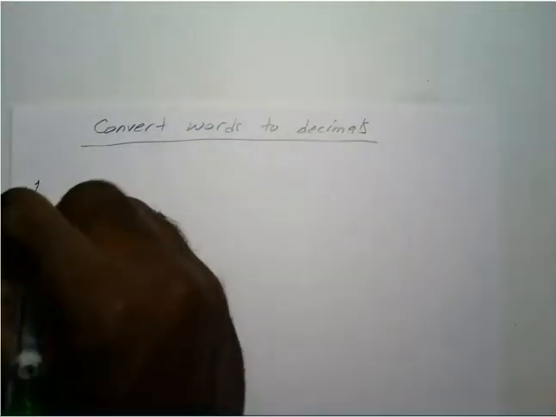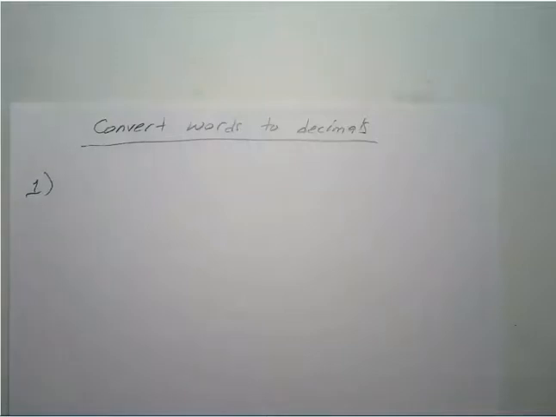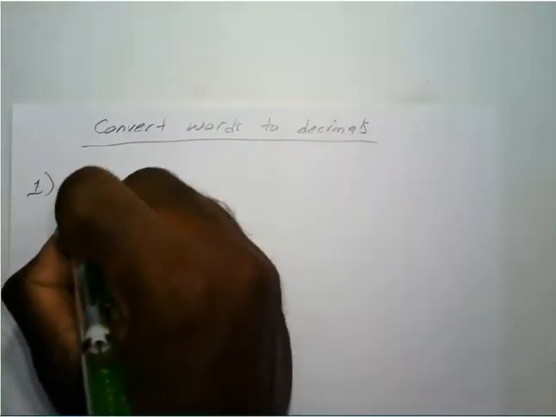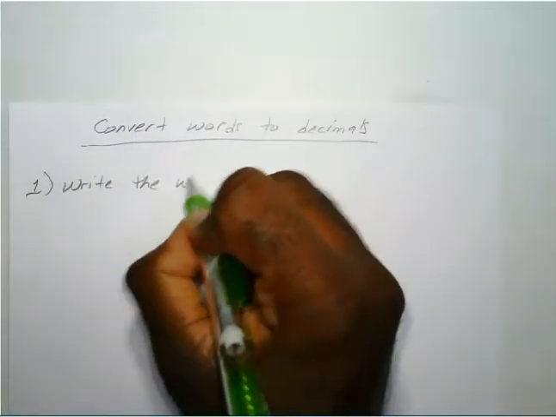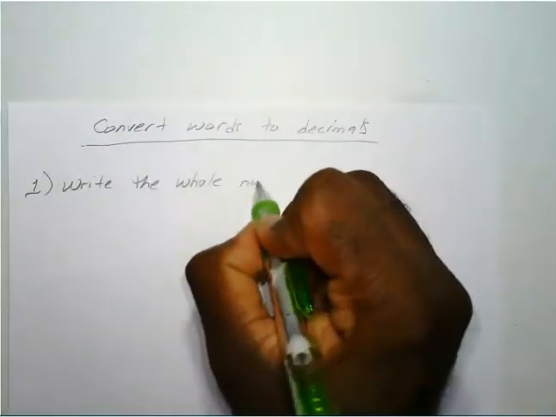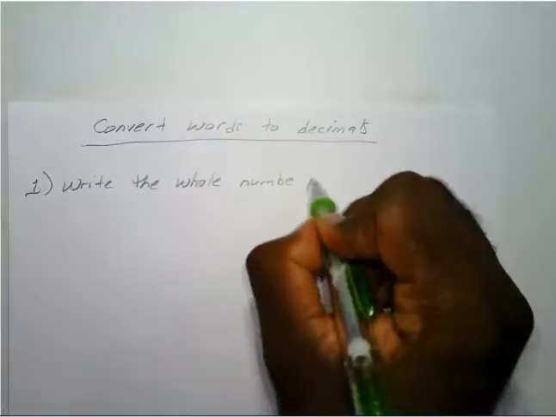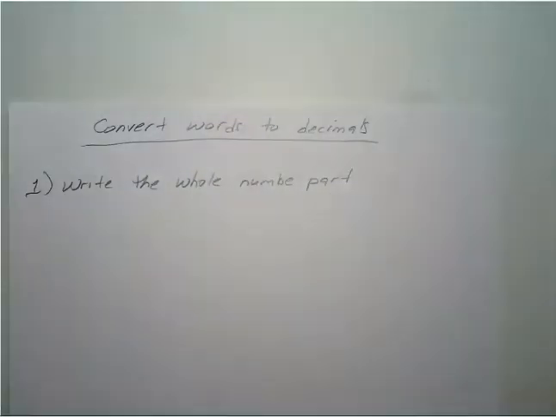Okay, so the first thing you're going to do is write the whole number part. That's the part to the left of the decimal. And I mean left of the and, because remember the and represents the decimal. Write the whole number part, if it exists.